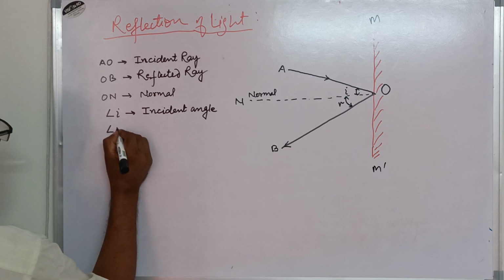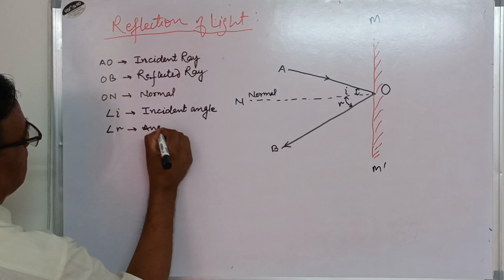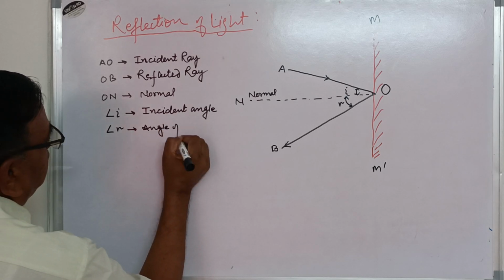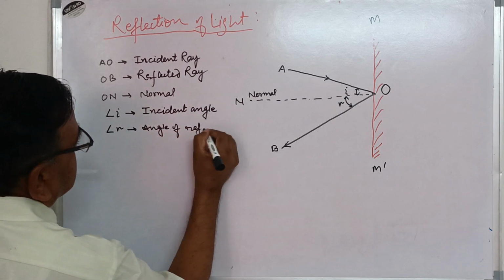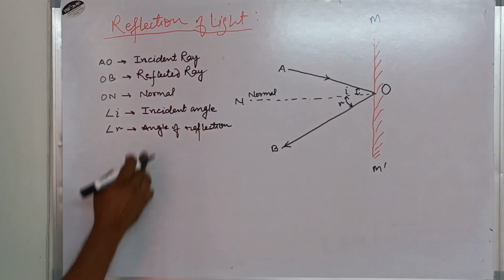And angle R is called angle of reflection. You may call it angle of incidence, angle of reflection.